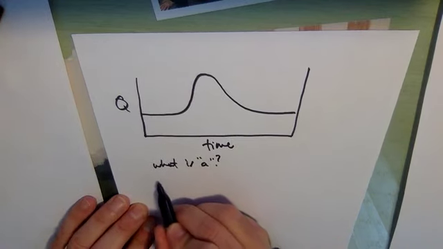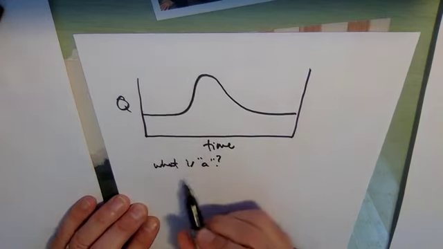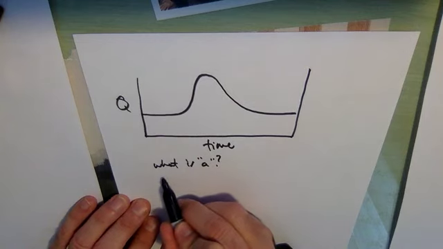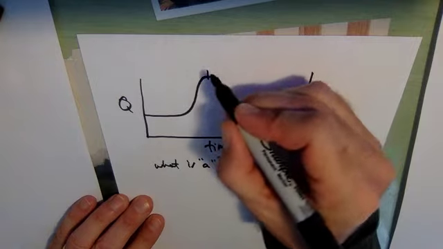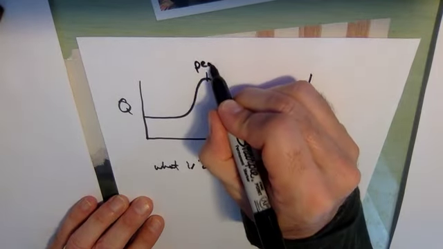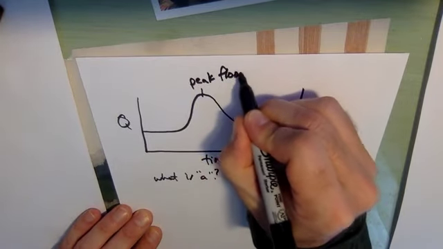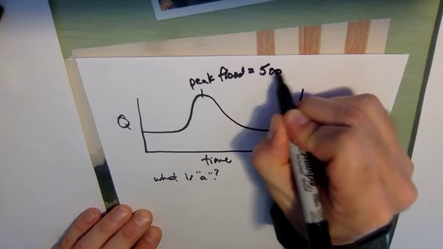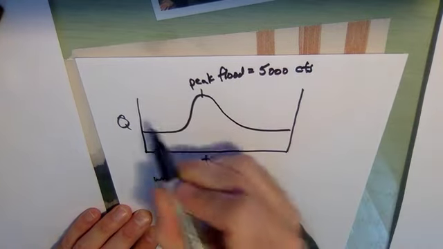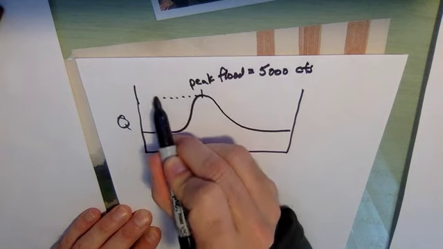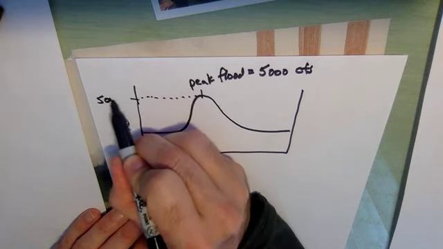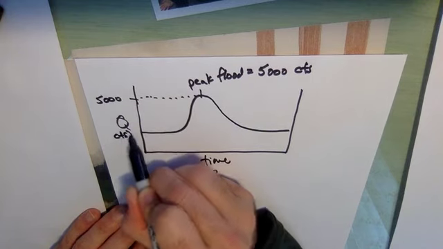So let's say we're measuring this stream, this hydrograph, and we find out that the peak flood right here is equal to 5,000 cubic feet per second. So in other words, if I draw a little dashed line over here, this would be 5,000 CFS.